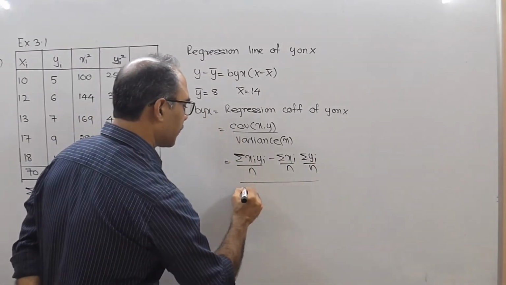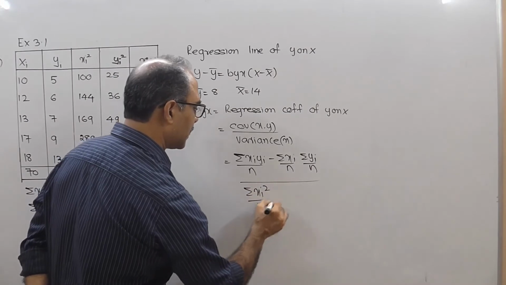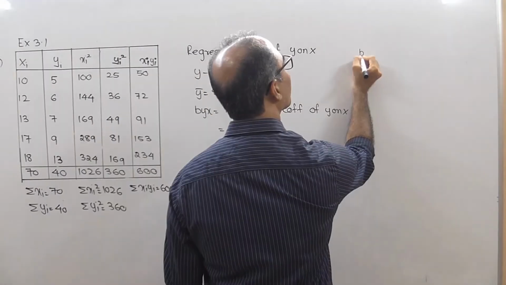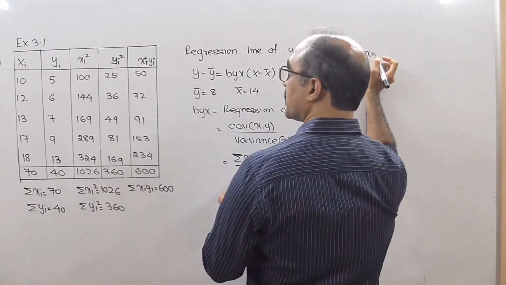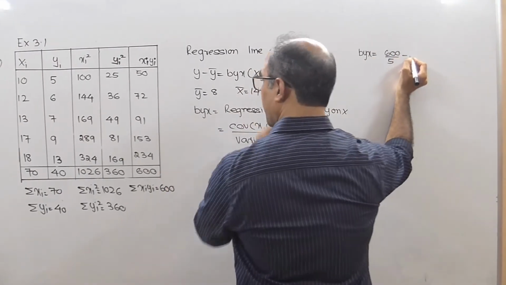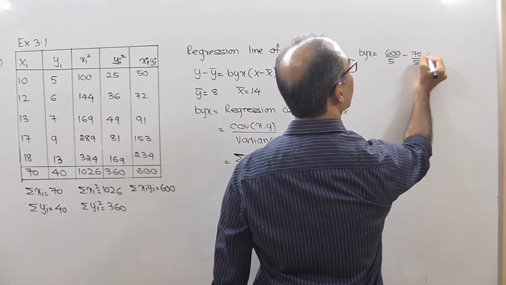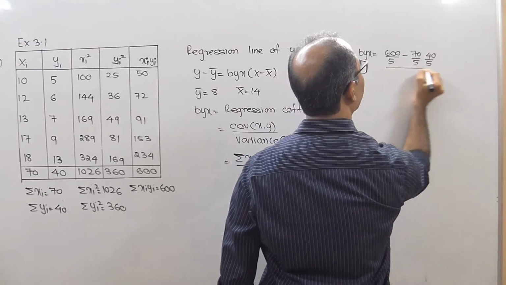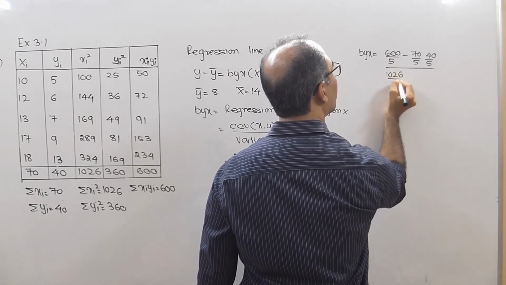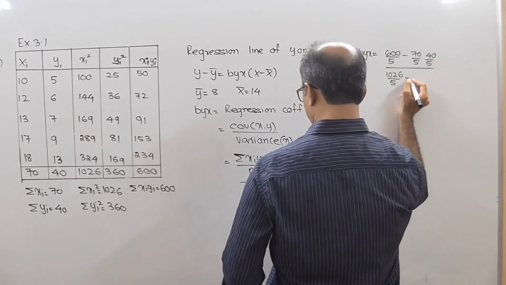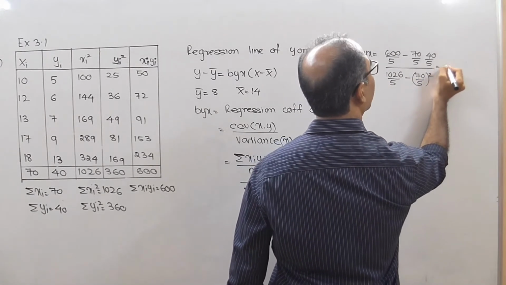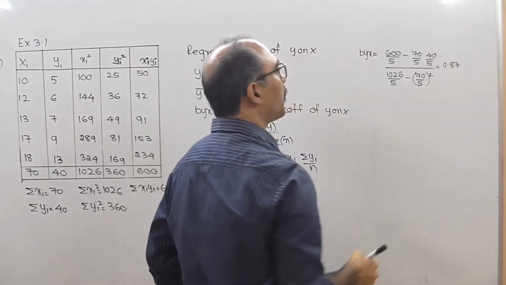Last alphabet is x, so we'll have sigma xi square upon n minus sigma xi upon n the whole square. byx equal to sigma xi yi 600 upon 5, sigma xi 70 upon 5, 40 upon 5, the whole upon sigma xi square, which is 1026 upon 5 minus sigma xi upon n the whole square is 70 upon 5 the whole square, and the answer for this on simplification you get 0.87.